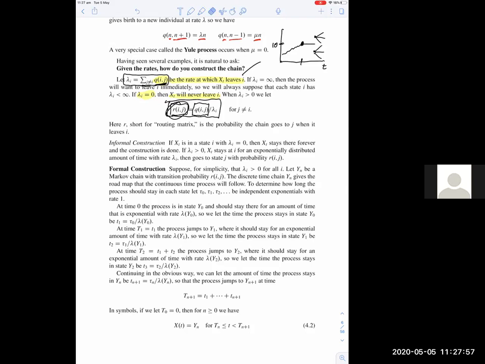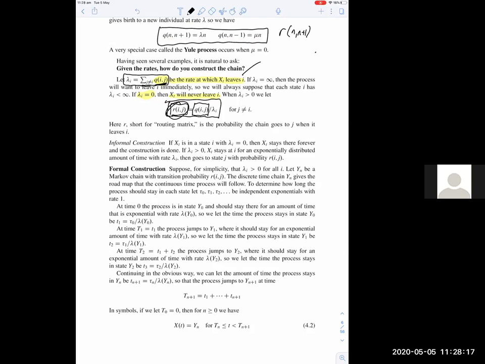Just to see this, let's go for a second to this branching process. The branching process seemed extremely simple. I mean, we spent 3 weeks speaking about a branching process at the start of the course, but this is a very simple construction. So what is R from state n to state n plus 1?